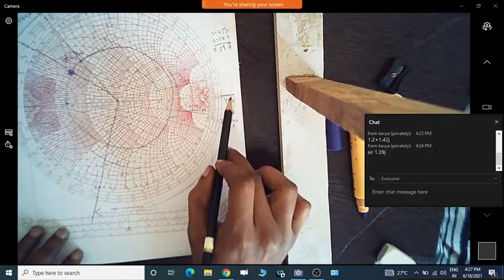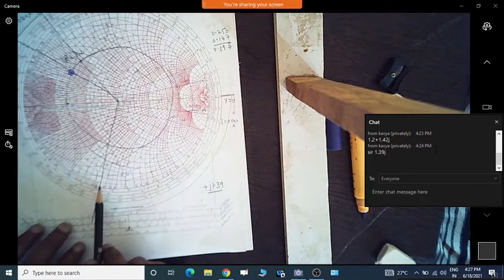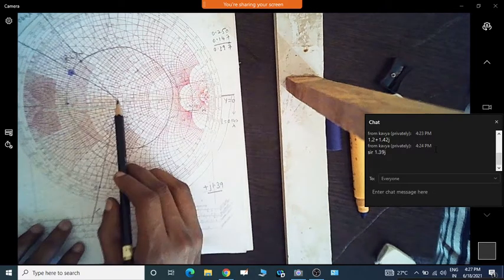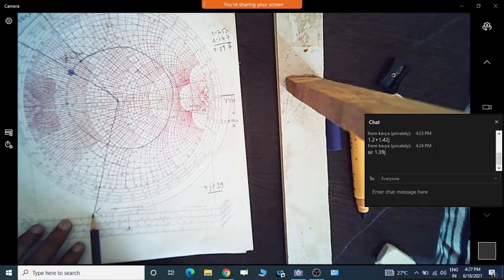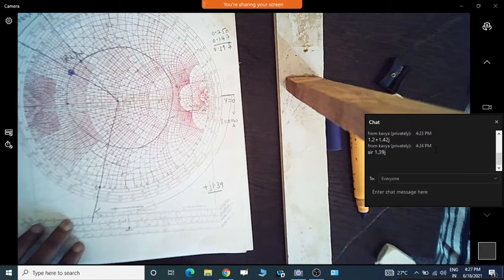In order to find only the susceptance of this stub, you should not look at the VSWR circle. Here you have to see the susceptance value. Take from the center point and join till the value of 0.397 and see what susceptance is offered by this.